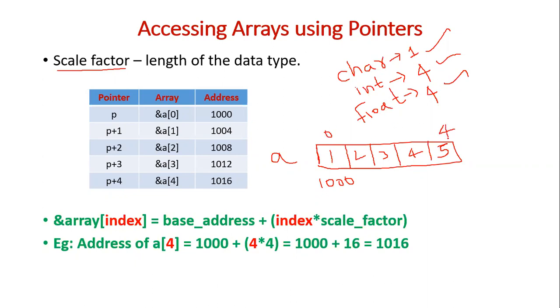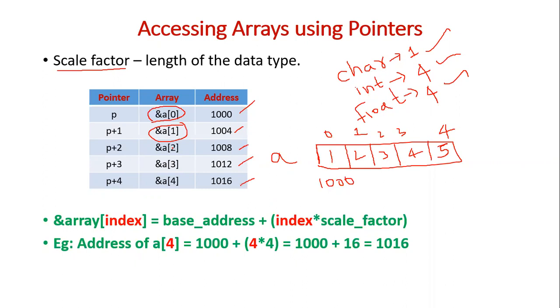So the address of A of 0 is 1000. Address of A of 1, the second location, is 1004. Address of A of 2 is 1008. Address of A of 3 is 1012. Address of A of 4 is 1016.